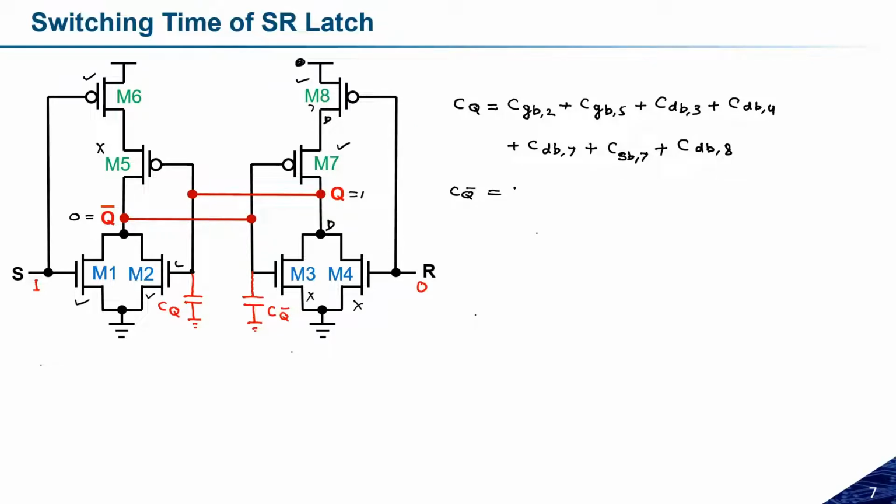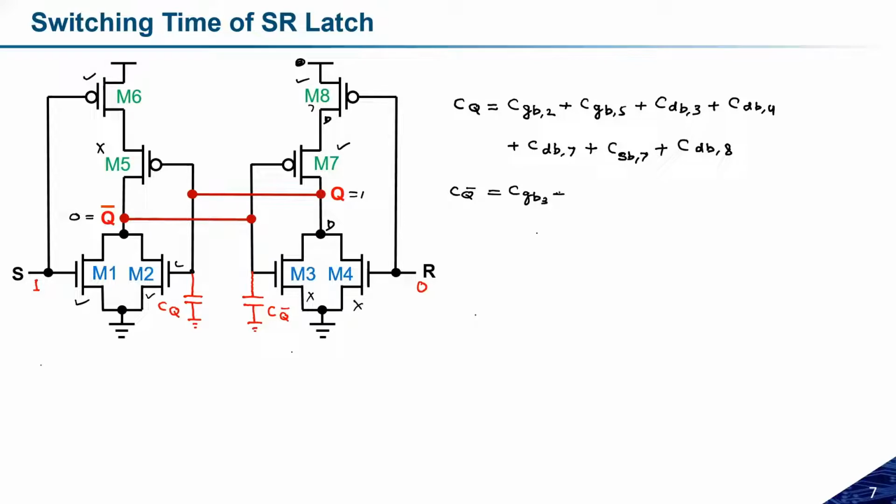And that will be like CGB3. Okay, and because this Q complement will be activated here, we are interested to calculate the lumped capacitances at this node CQB. So this will be the first component.